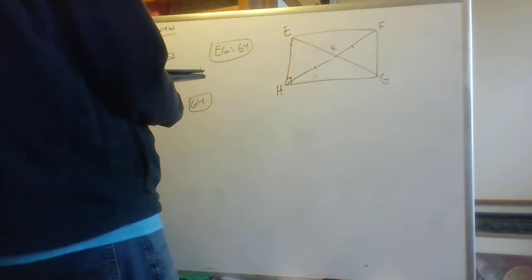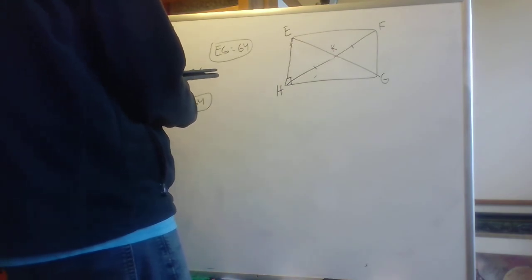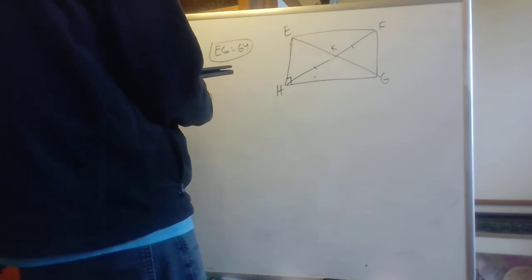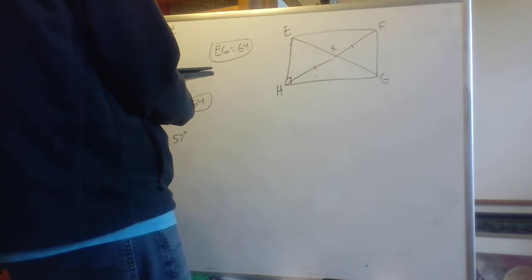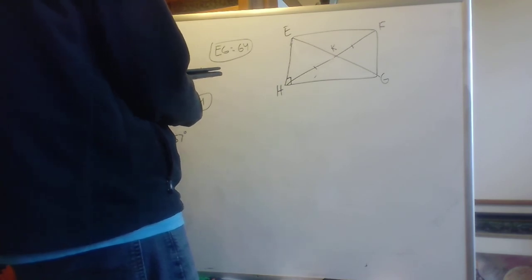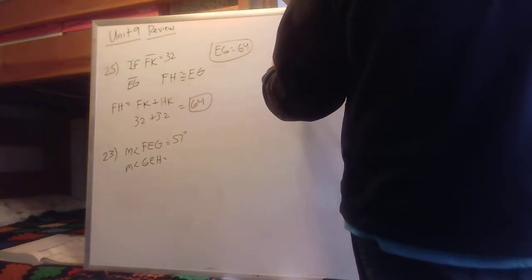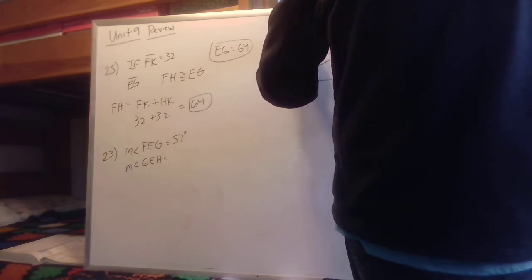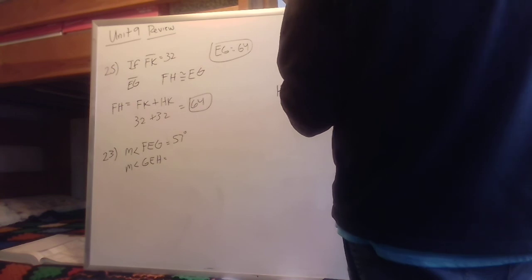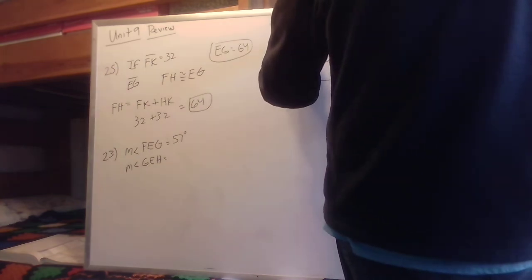And it says that the measurement of FEG is equal to 57 degrees. Find the measurement of GEH. So FEG, this little portion right here, is equal to 57 degrees, and it says to find GEH. So it wants this little section.